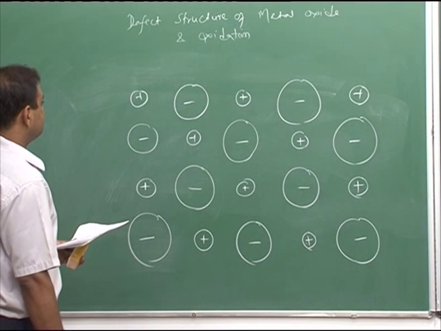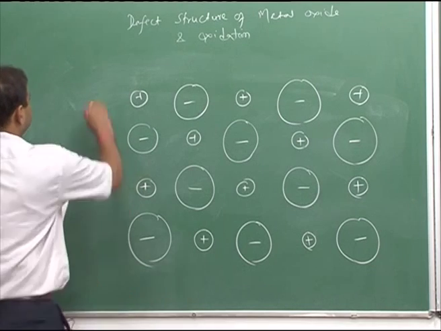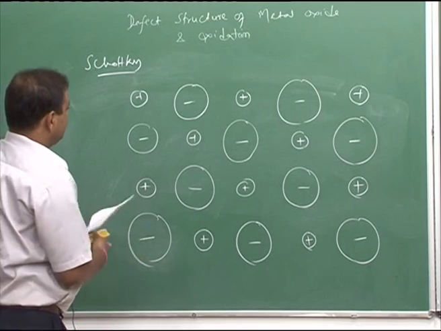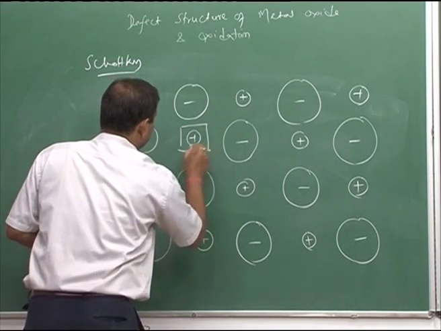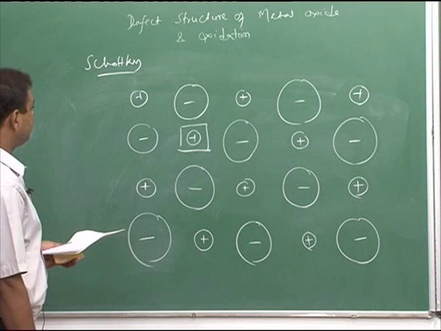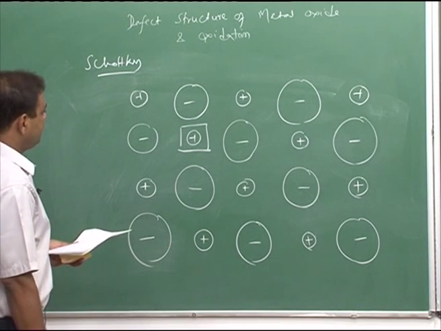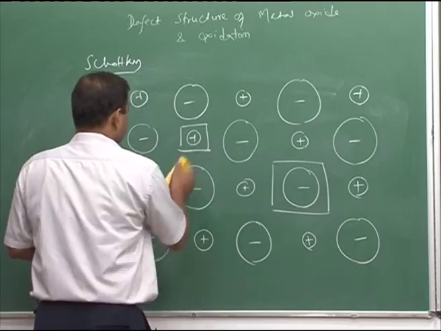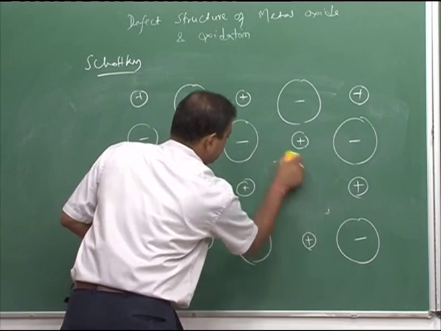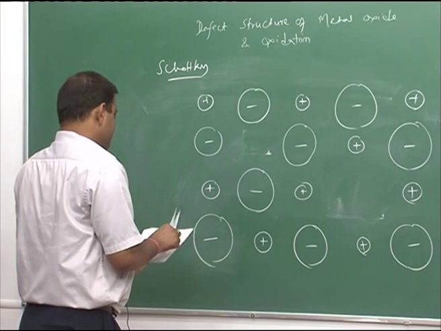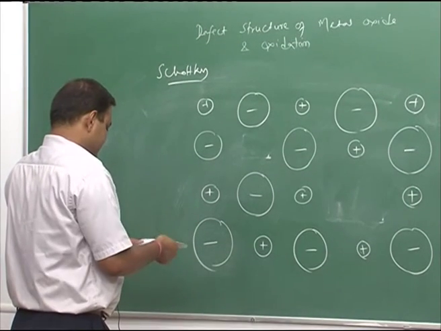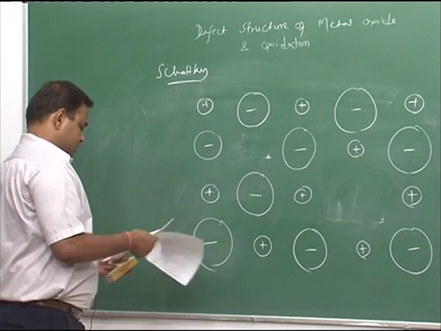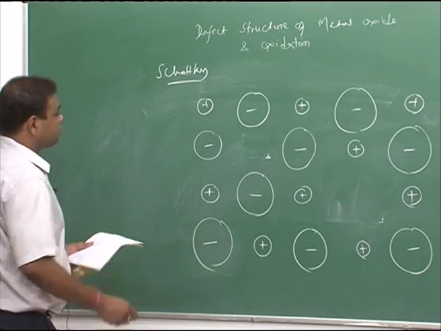So, the total electroneutrality is maintained, and in the Schottky defect, one cation would be missing from its normal lattice site, and one anion would be missing. If we remove these two, that means there would be a cation vacancy and one anion vacancy, and that creates the Schottky defect.